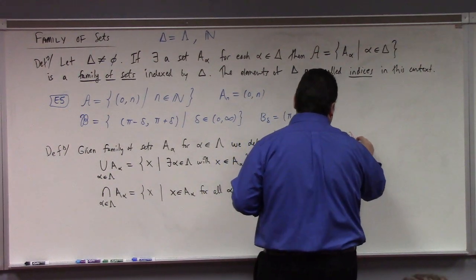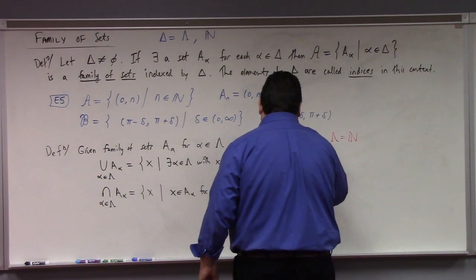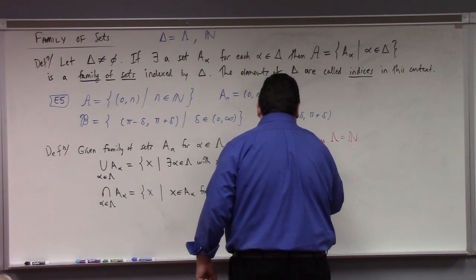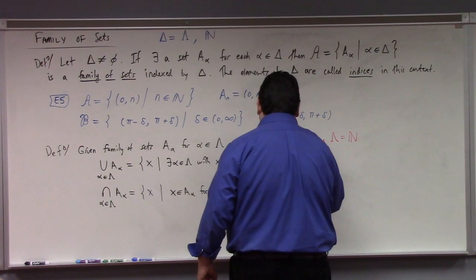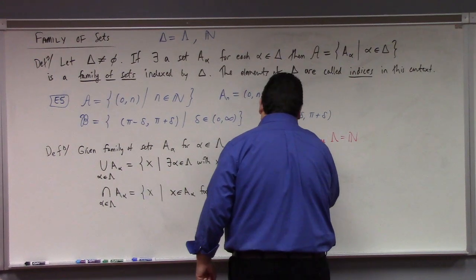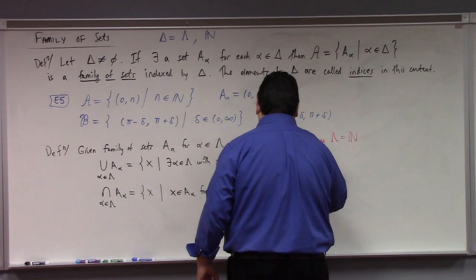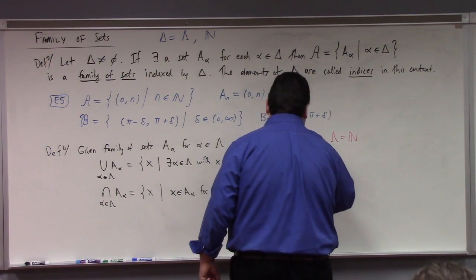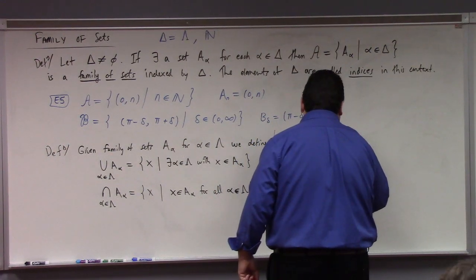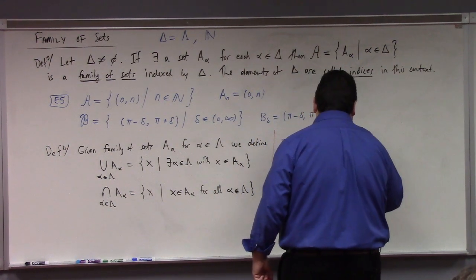Lambda equals the natural numbers, then we have the union over n in lambda of A sub n, and we just write that as the union n equals 1 to infinity of A sub n.